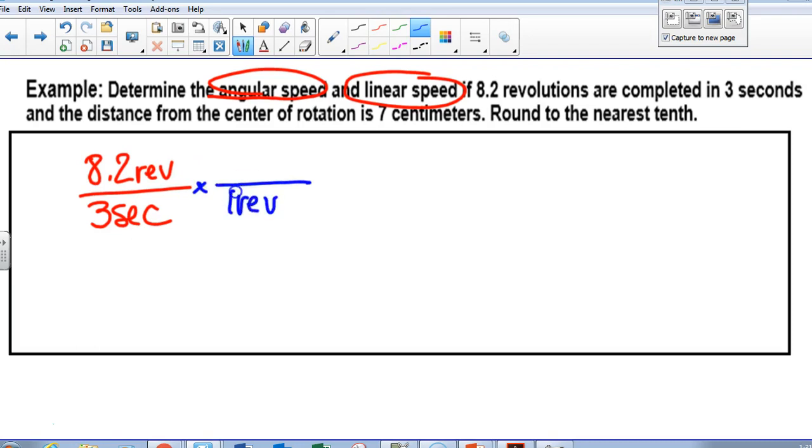One revolution is 2 pi radians. Multiplying or dividing? Multiplying by that 2 pi, right? Dividing by this 3 over here. The labels I'll have left is radians per second. Is that okay for an angular velocity? Okay. So 8.2 times 2 pi divided by 3. Can you type that in?